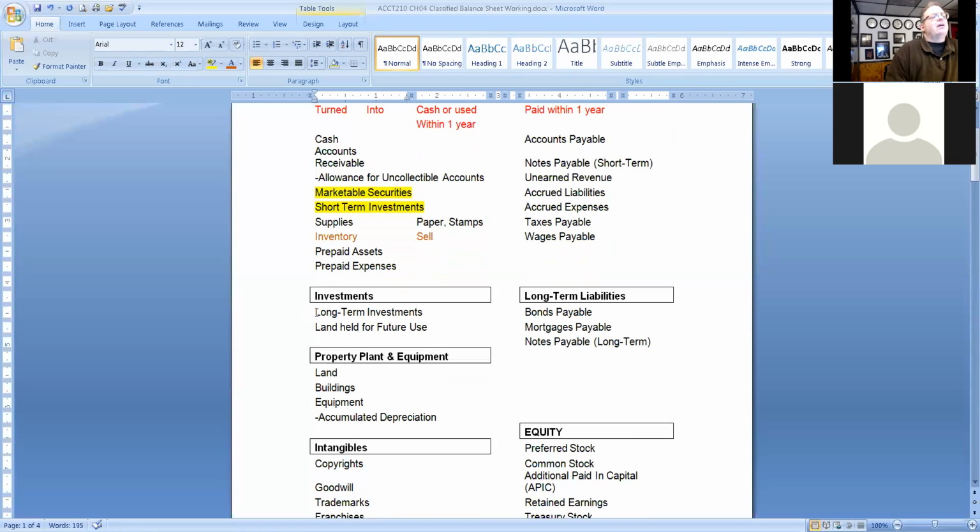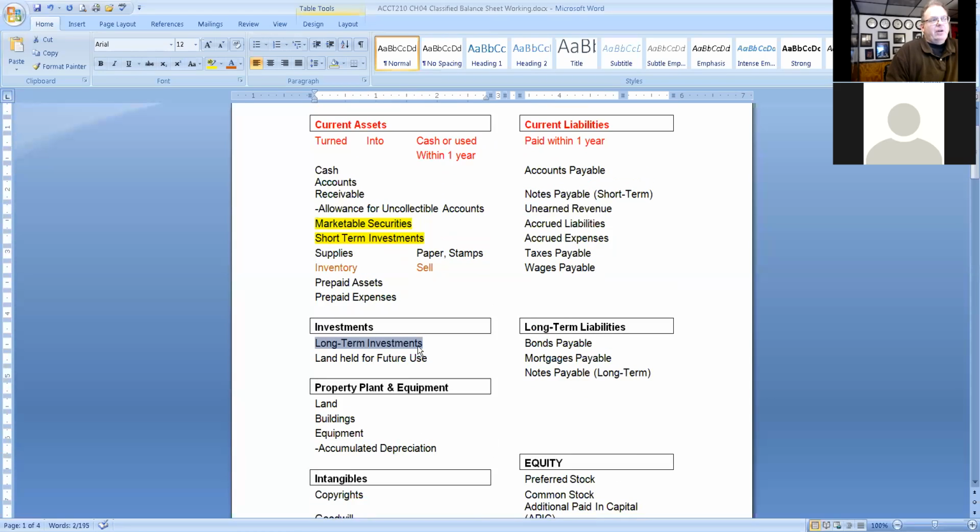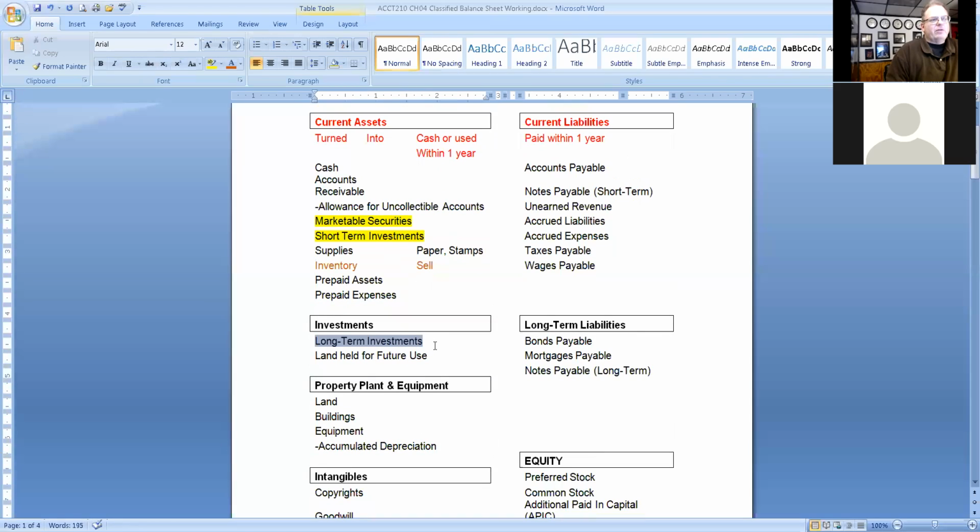Okay, investments. Now, investments, these are long term. If they're short-term investments, they go in current. These are for long-term investments you're going to hold for more than a year. So this is more than a year.